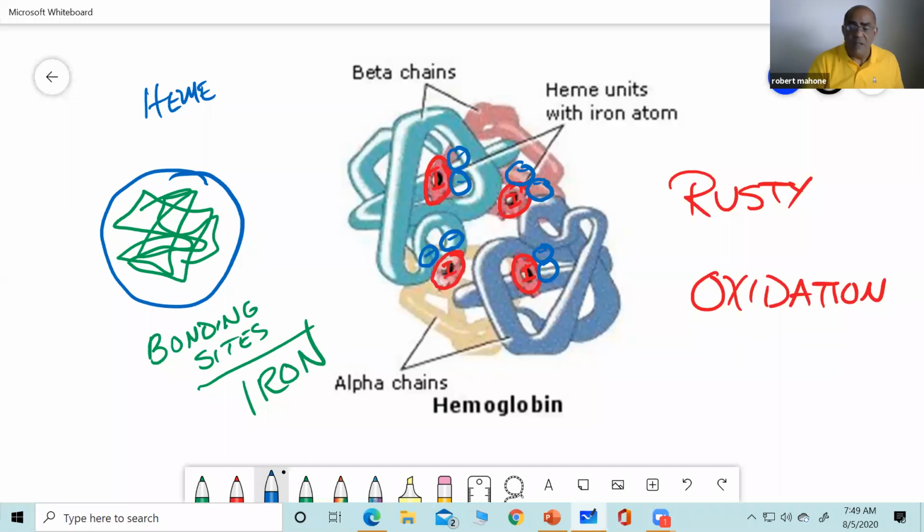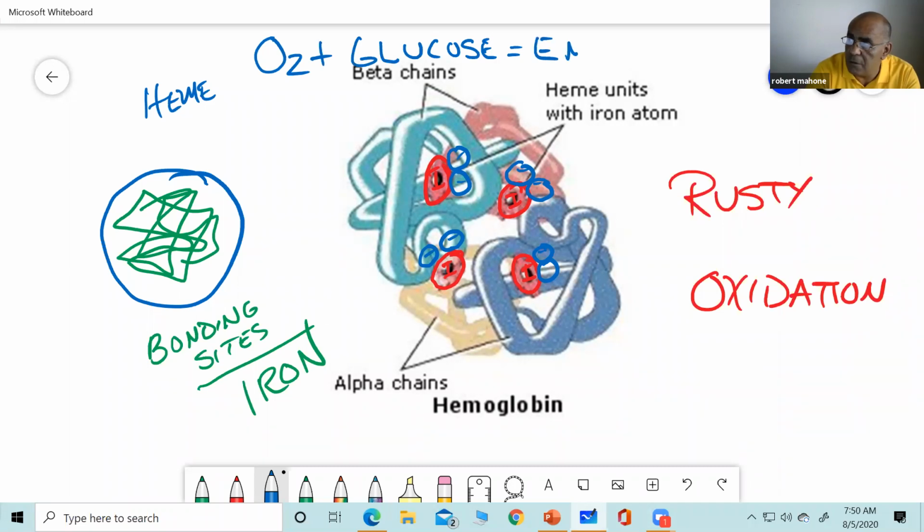And now that red cell can be sent out to your tissues like a delivery truck to carry that oxygen to the tissues. And what do we use oxygen for? Remember, oxygen plus glucose equals energy.